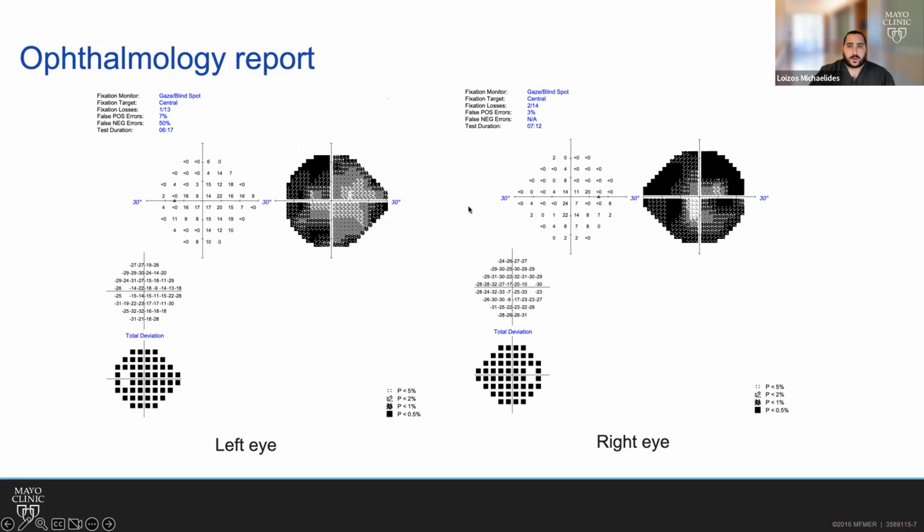And we can see when comparing the right eye to the left eye, the right eye has definitely more decline. This is also supported by these values right here, the fixation losses and false positive errors. The lower the numbers, the more reliable the test is.